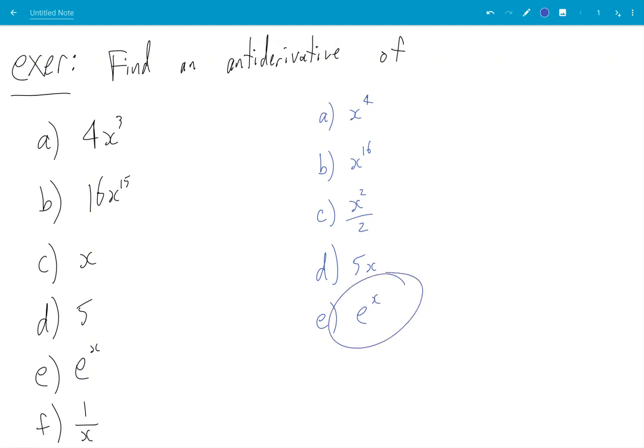Because the derivative of this is e to the x. And f, you have to remember that the derivative of ln x is 1 over x, and we're going to put absolute value of x. Maybe I'll talk more about the presence of the absolute value later.